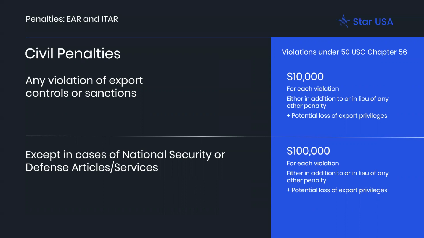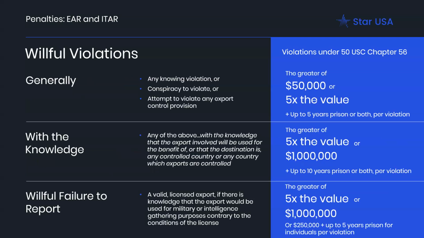If there is a national security or defense related component to this violation, the penalty escalates directly up to $100,000. Plus, you have your potential loss of export privileges. You can be debarred or denied from being able to export your products ever again, or to specific countries, or under various circumstances. So there are some additional caveats that go along with the monetary penalties, particularly when it comes to these export controls regulations.